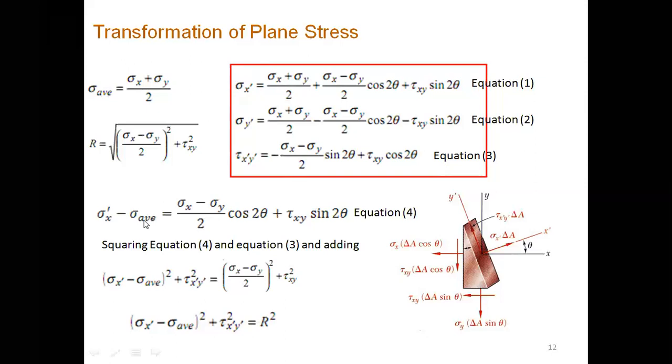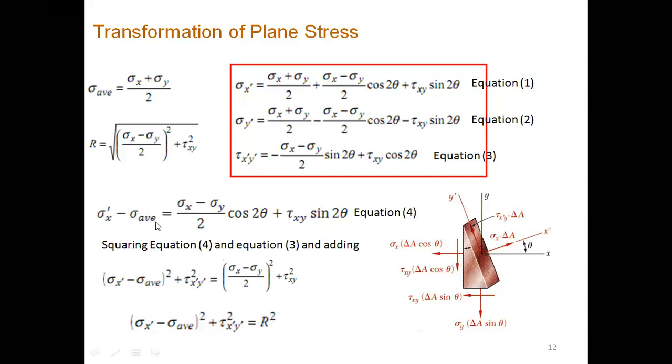And you have to rewrite these quantities as they are: sigma x minus sigma y by 2 cos 2 theta plus tau xy sine 2 theta. We got equation 4.